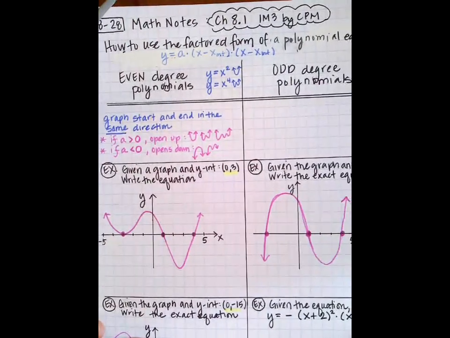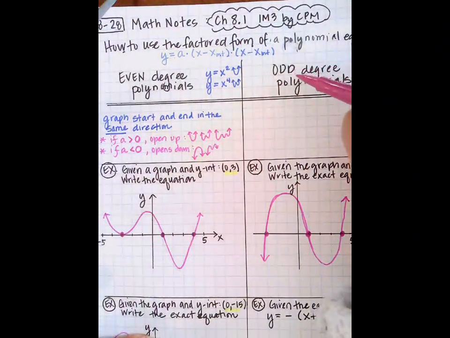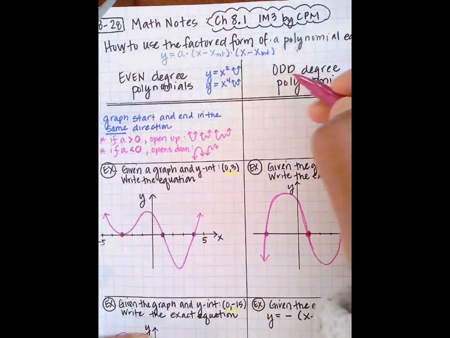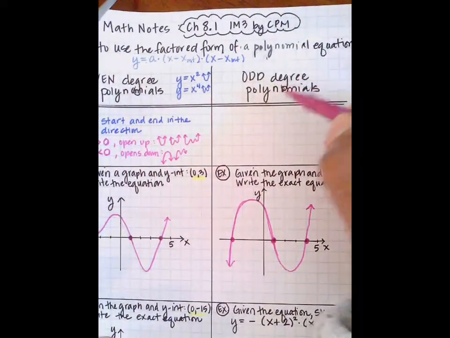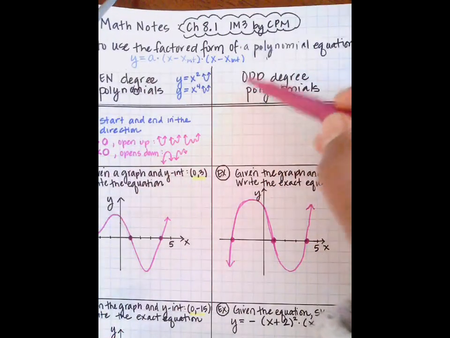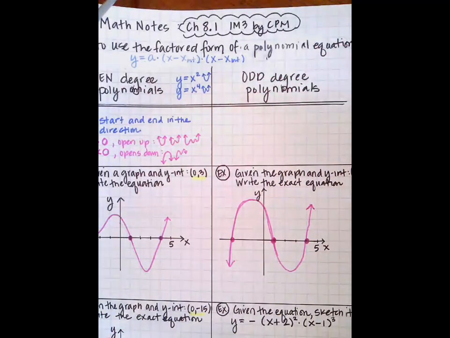But before then, I wanted to also talk about, well, what about odd degree polynomials? As a reminder, an odd number is, for example, 1, 3, 5. One of the things that it's very important to remember is that polynomials are any type of equation or expression where all of the powers or the exponents are whole numbers.